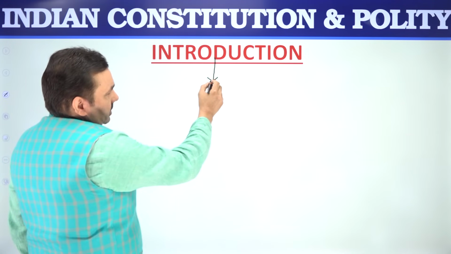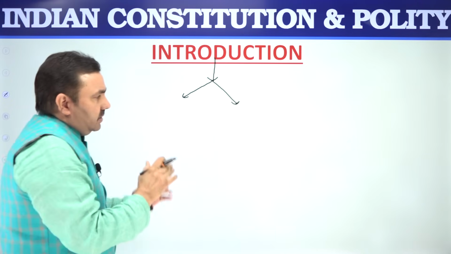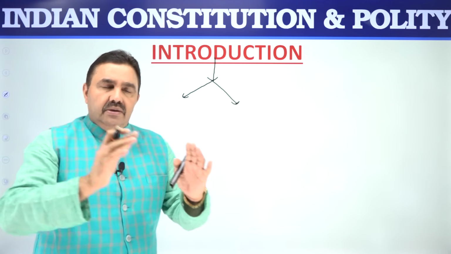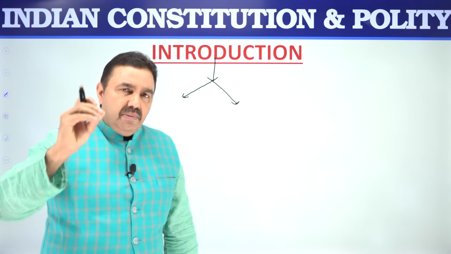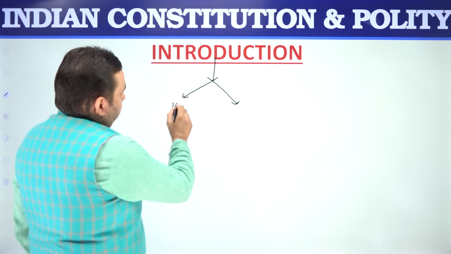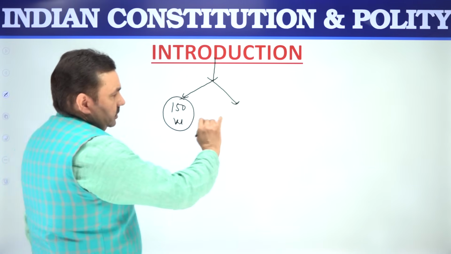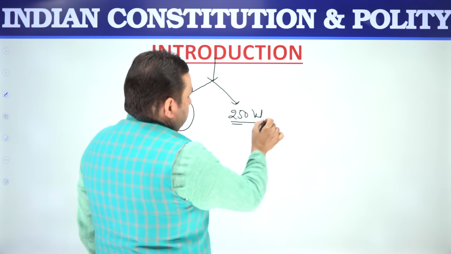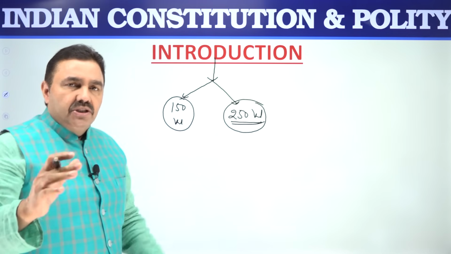This test paper has 10 questions, and these questions are 5 each from 2 patterns. Some are 150 words, some are 250 words. All of you have to keep in mind the word limits every time. Because if you have a question of 150 words, try to ensure that you write something around 150 words. If you have 250 words, again try to ensure that you are not breaching the limit by a very wide margin.